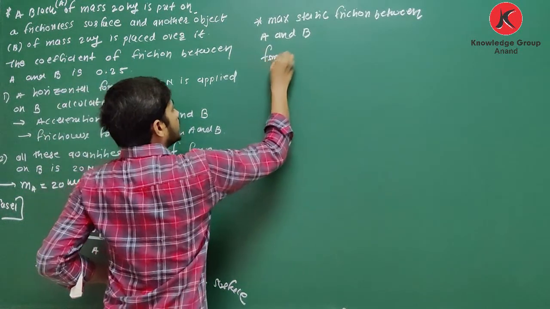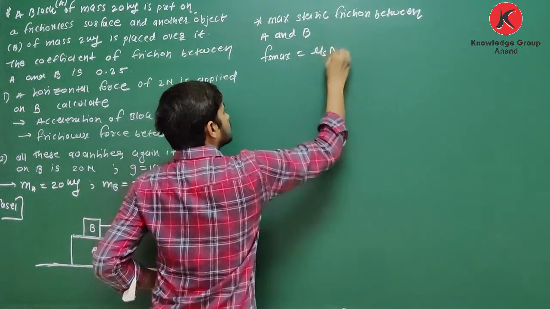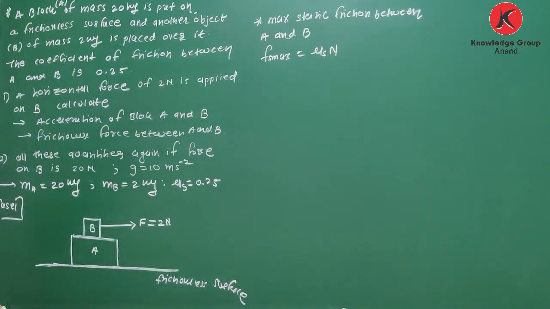We know the equation of Fs maximum: it is mu s into N. But what is the value of N?